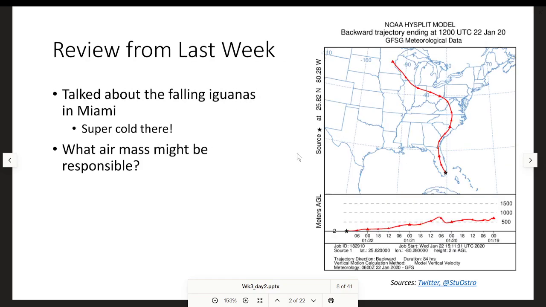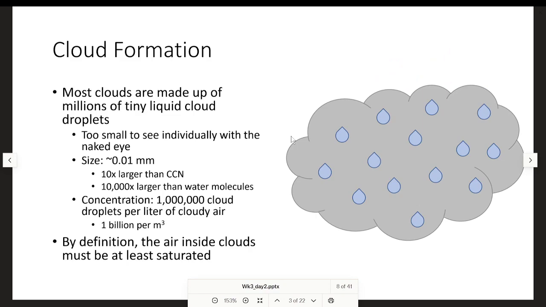All right, good. Now we can talk about cloud formation. Most clouds are made up of millions of tiny liquid and solid cloud droplets. They're too small to see individually with the naked eye, but the cloud droplets are larger than CCN.